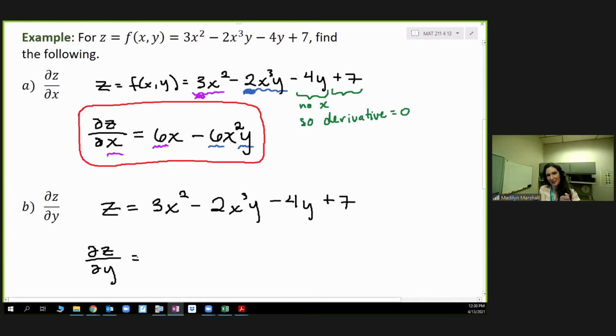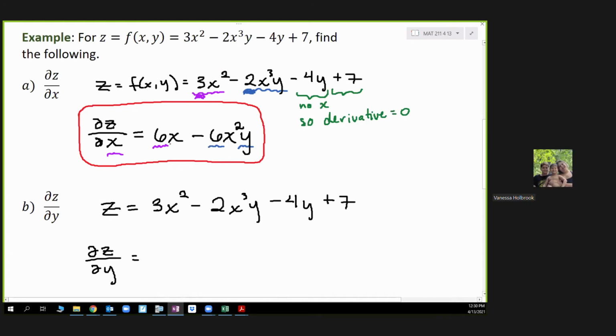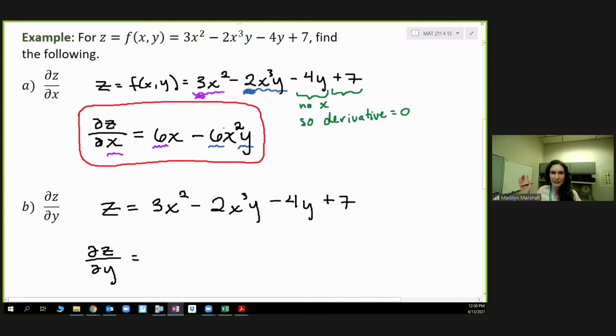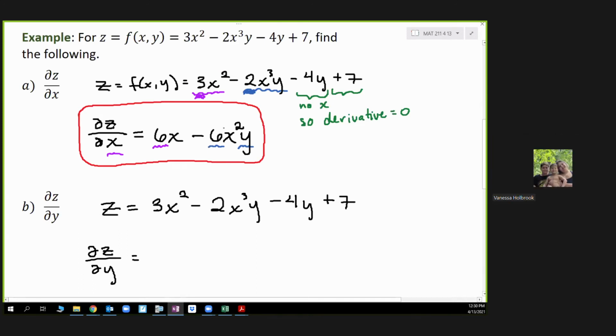No. So two reasons. One is that the power of 3 is only on the x. So this time that power of 3 is not going to multiply because the x is not what we're doing the derivative of this time. So the answer we got for part A is not here anymore.